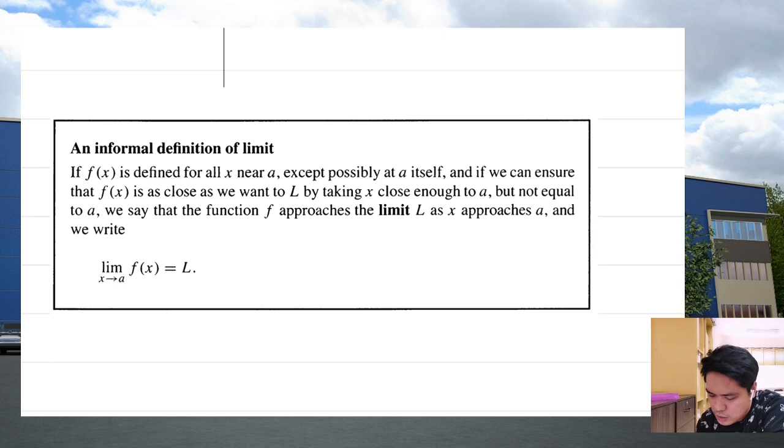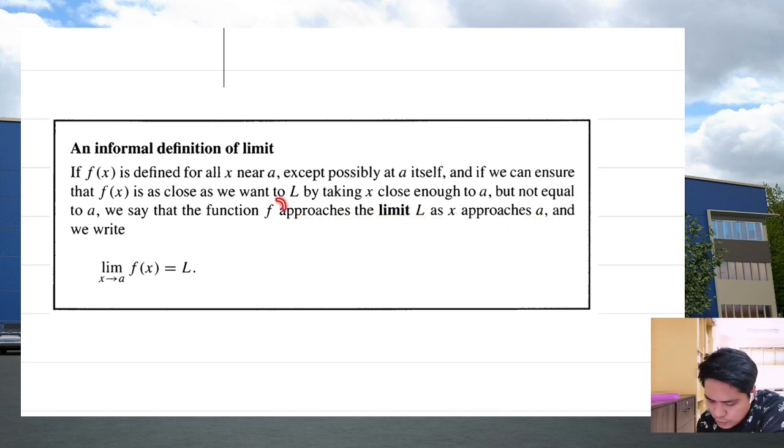So what we did earlier, we moved the value of x closer to 1. So the value of f of x gets closer and closer to 2. Okay? But not equal to a. So we say that the function f approaches the limit L as x approaches a. That is what happened earlier.